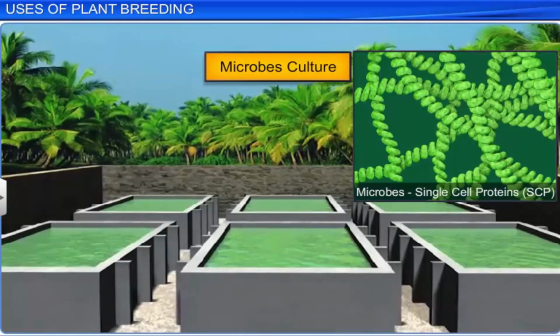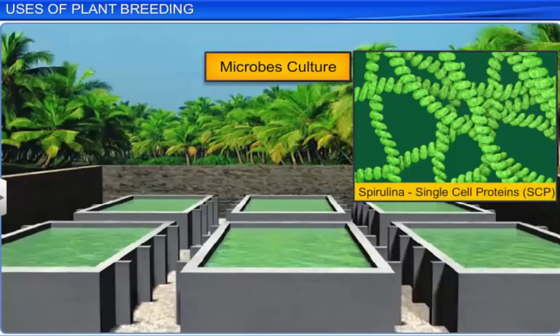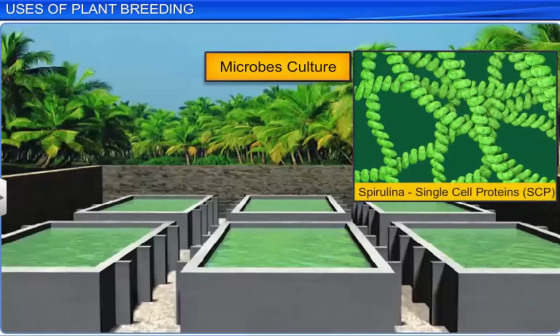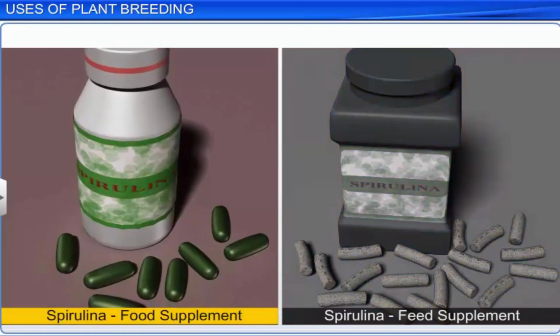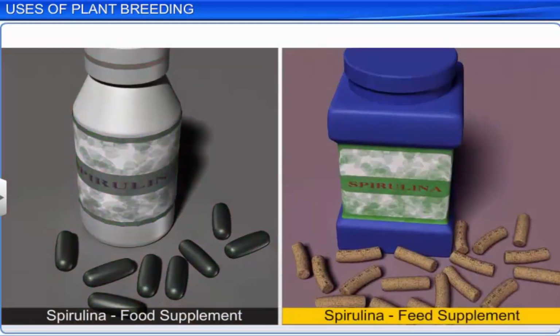For example, spirulina, a blue-green algae, is cultured for its high protein and mineral content, and it is also a source of vitamins, carbohydrates, and fats. It is used as a food supplement for human beings and as a feed supplement for animals.